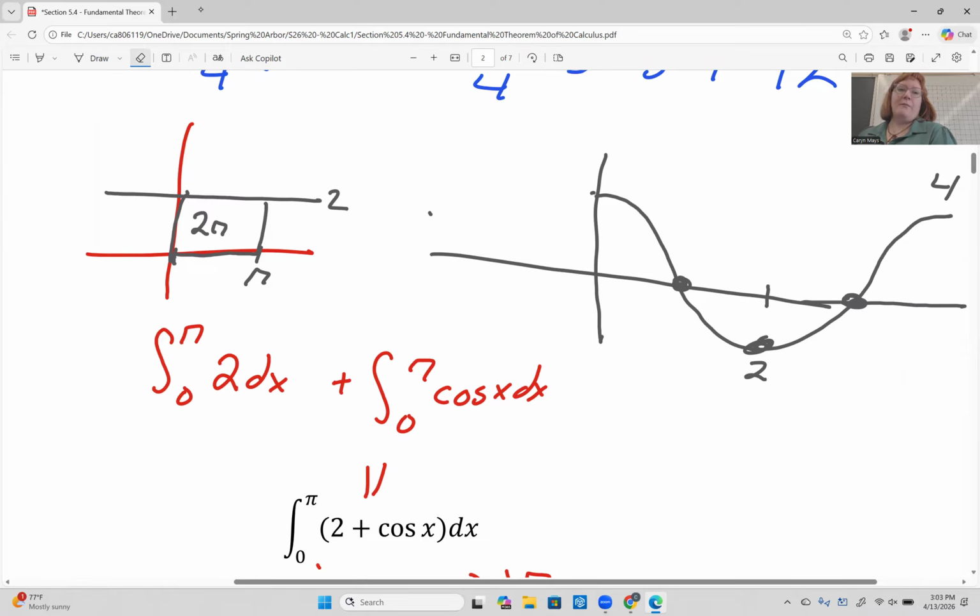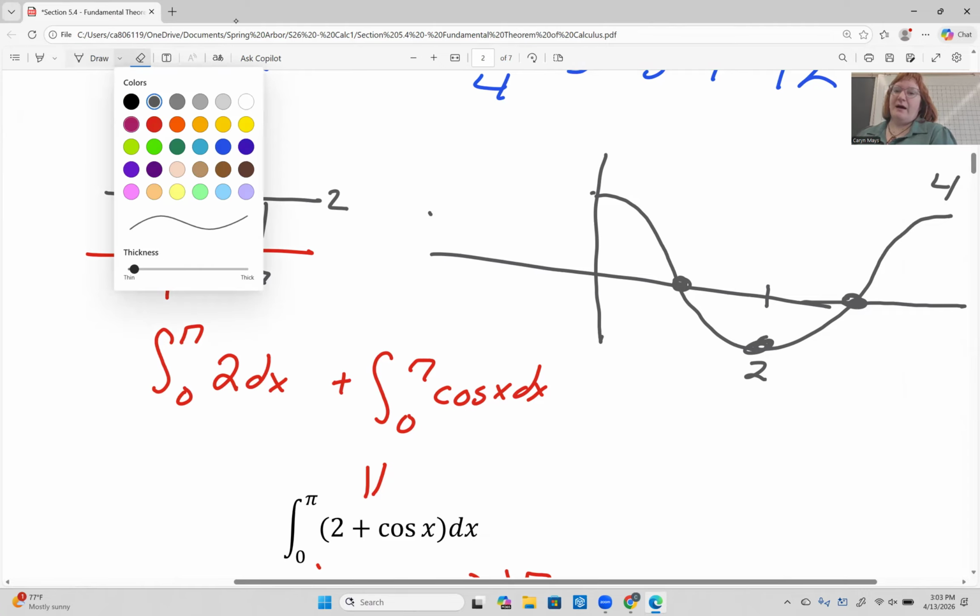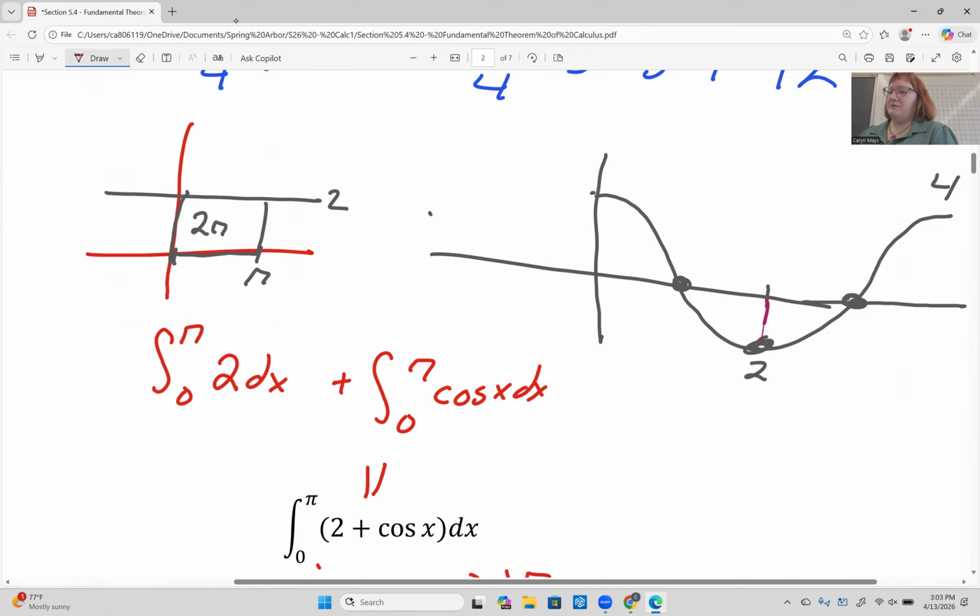So when finding the area of cosine from 0 to pi, I'm finding that area I've just scribbled in. Why does that cancel out to be 0? Yeah, when we're above the x-axis, that's a positive area.